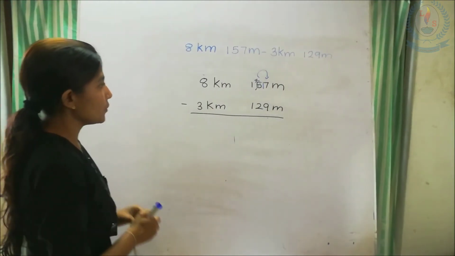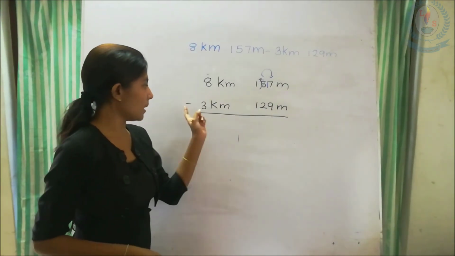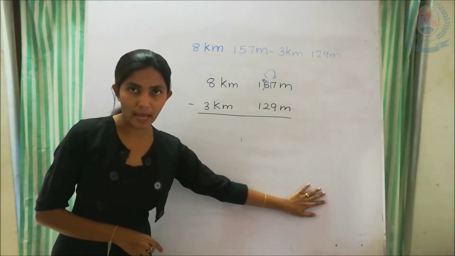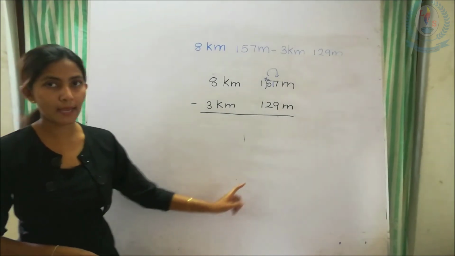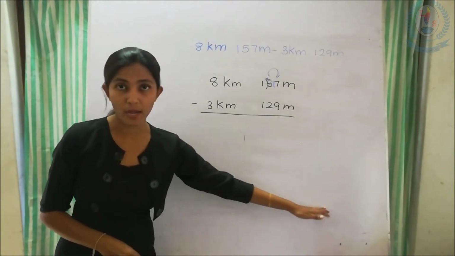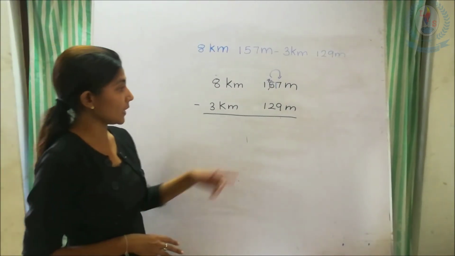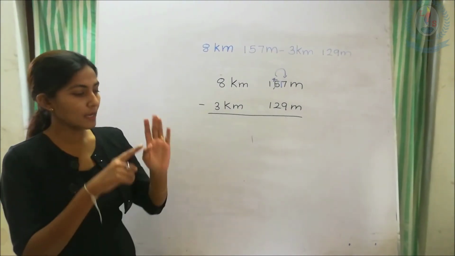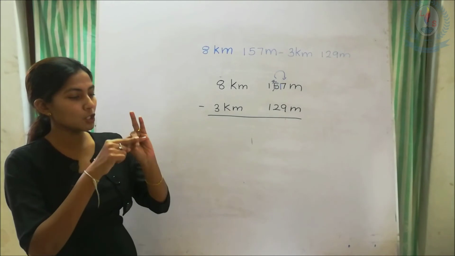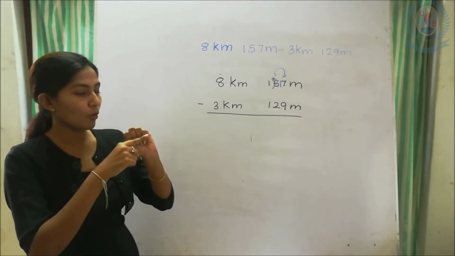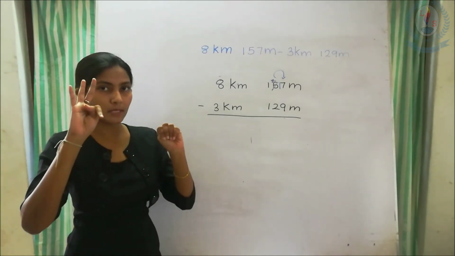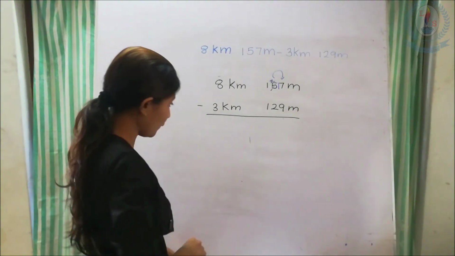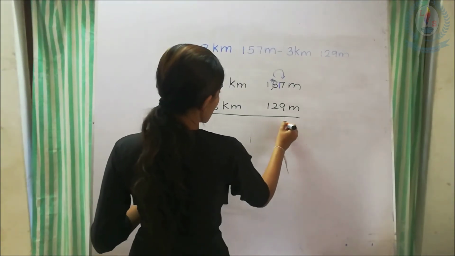Now, you have 17 minus 9. As I told, you all can draw 17 lines, cut 9 and see how much remaining. Or else, the other way, from 9, count till 17: 9, 10, 11, 12, 13, 14, 15, 16, 17. I have folded 8 fingers. Then 8 here.